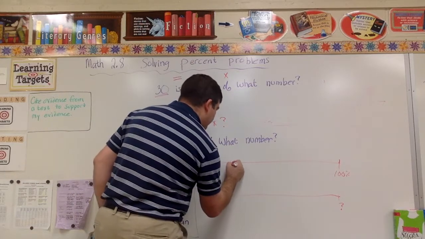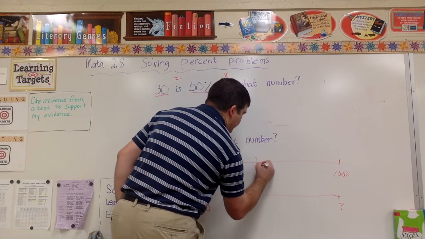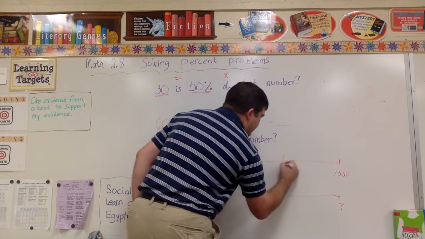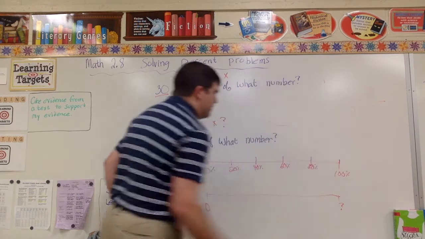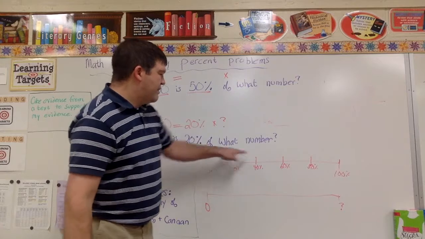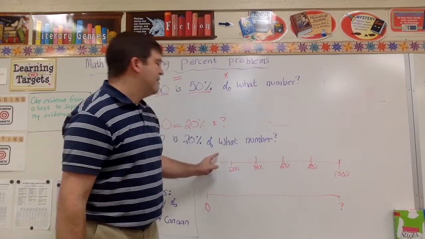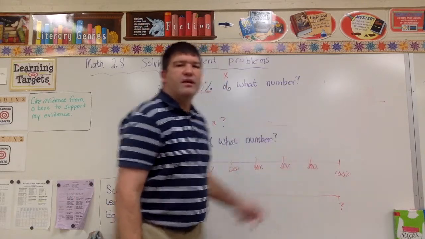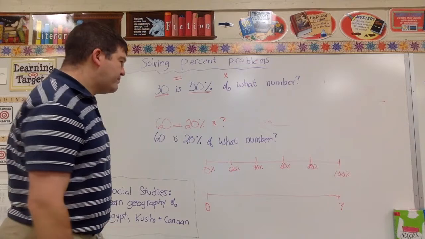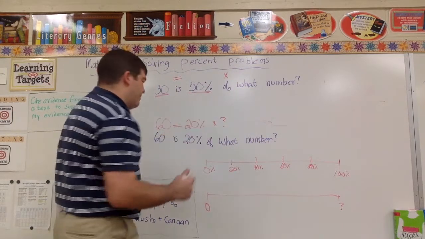I could do 20, 40, 60, 80, 100. Everything I go up has to be even amounts. So I go up 20%, another 20%, another 20%, another 20, another 20, until I get to 100%. These are even increments going up.